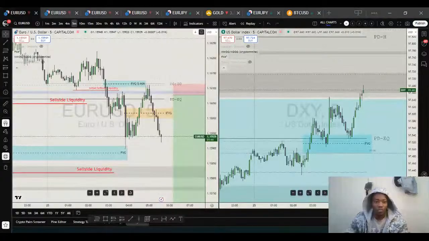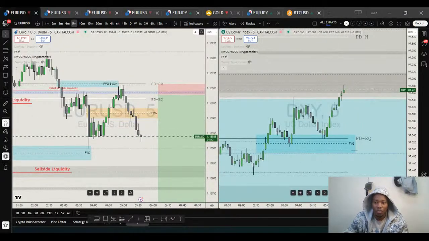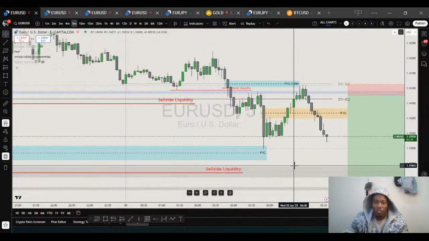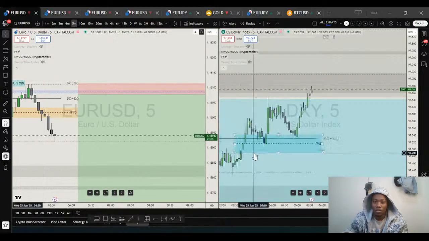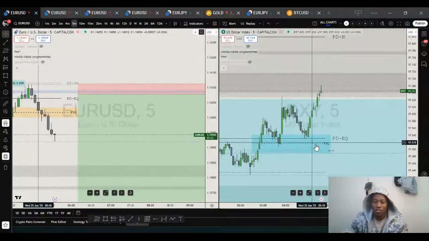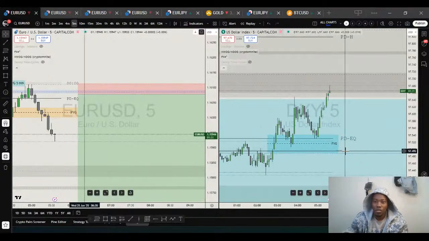So the inverted fair value gap, as you can see, also hit the equilibrium, the previous daily equilibrium price.